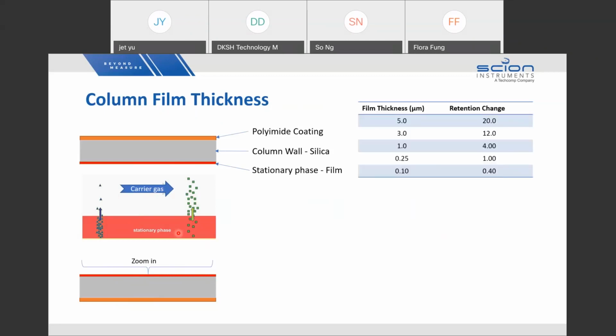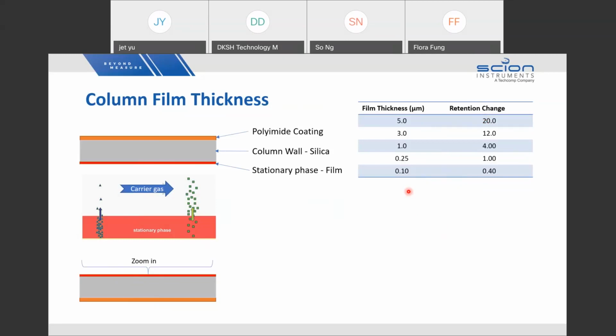So you look at these relationships: if the film thickness changes, the retention changes significantly in terms of percentage. Usually when you choose a narrow ID and shorter column, the film thickness also needs to be reduced accordingly.